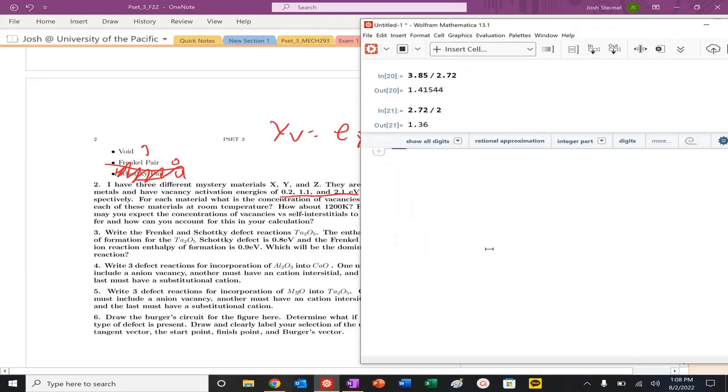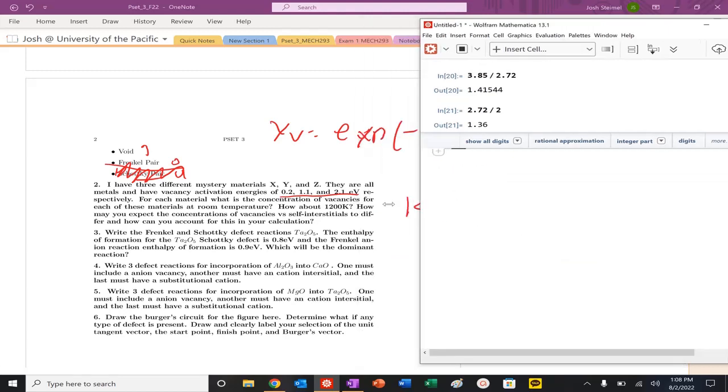Let's put in our equation. QX is equal to 0.2, QY is equal to 1.1, and QZ is equal to 2.1.